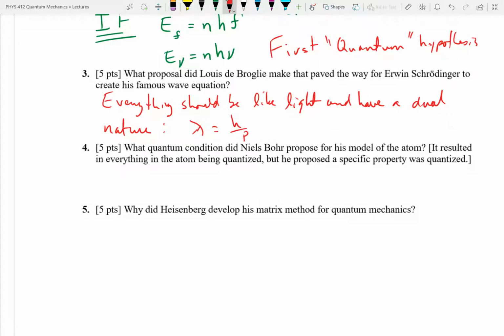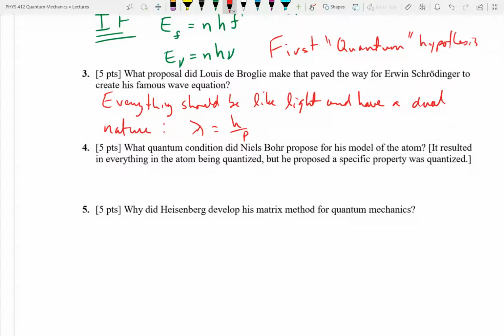Everything should be like light and have a dual nature with a wavelength of Planck's constant divided by momentum, which is the relationship for light. Erwin Schrödinger gave a talk on that and then worked out the whole nine yards based on the idea of everything having a wavelength. Now, you don't see de Broglie's equation anywhere in Schrödinger's equation, but the idea is what prompted it.